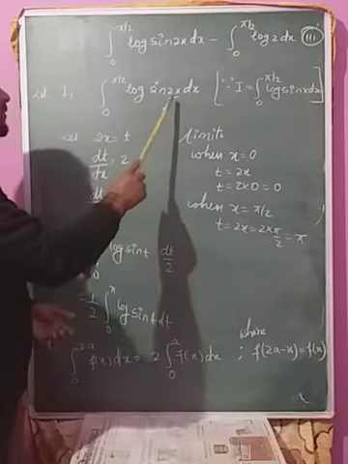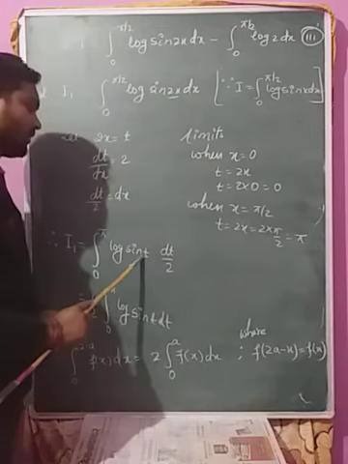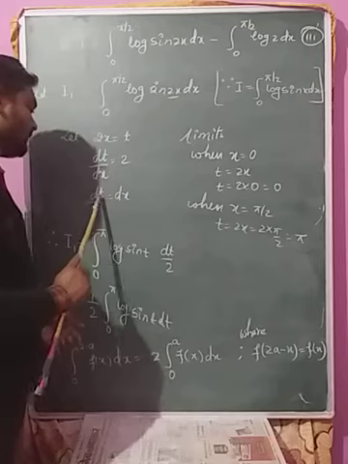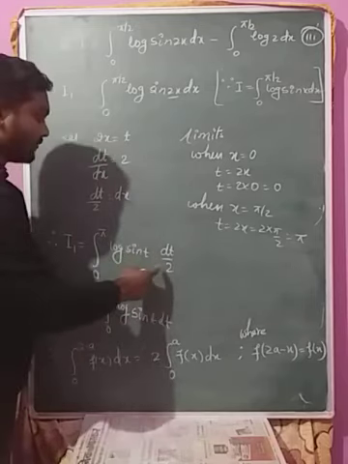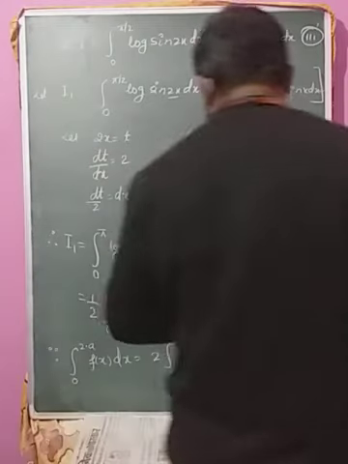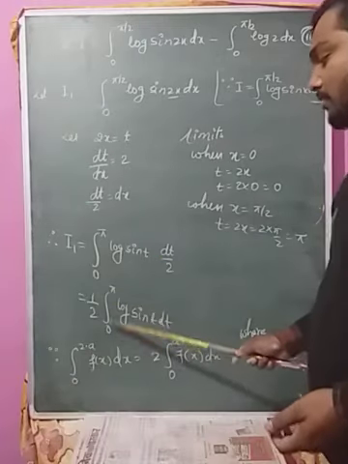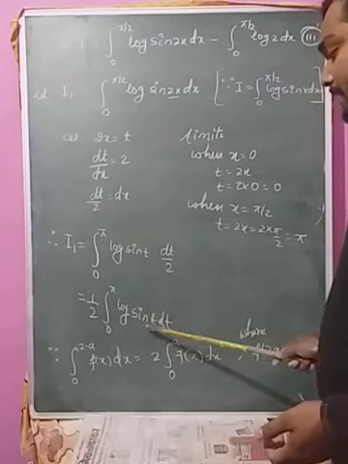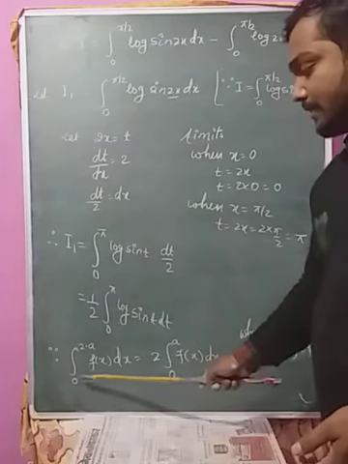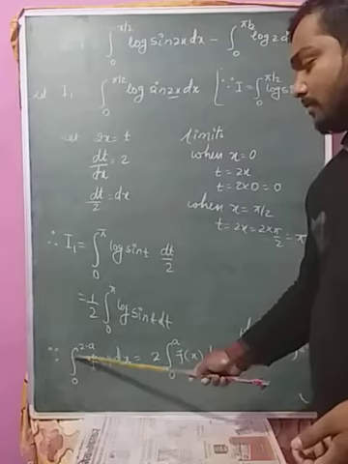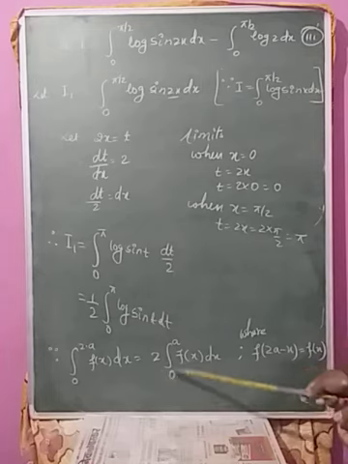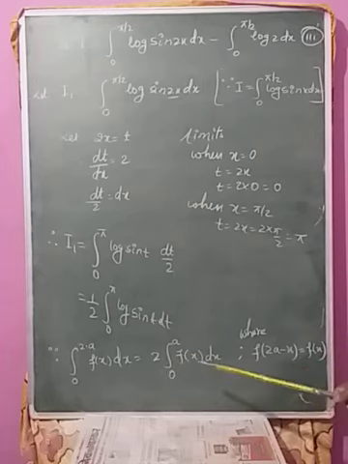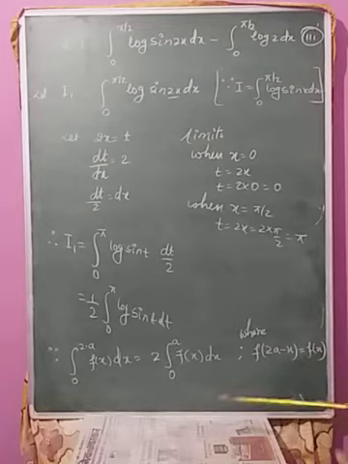Log sin 2x is log sin t, and dx is dt by 2. Now taking 1 by 2 common, 1 by 2, 0 to pi log sin t dt. Since the property 0 to 2a f of x dx is equal to 2 times 0 to a f of x dx, where f of 2a minus x equal to f of x.